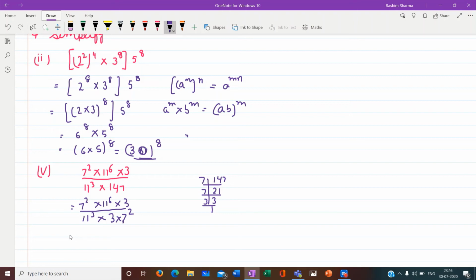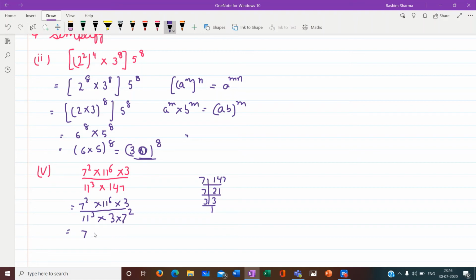Now what we will do, we will apply laws of exponents on the same numbers. Okay, here in the numerator 7 raised to power 2 as well as 7 raised to power 2 in the denominator.